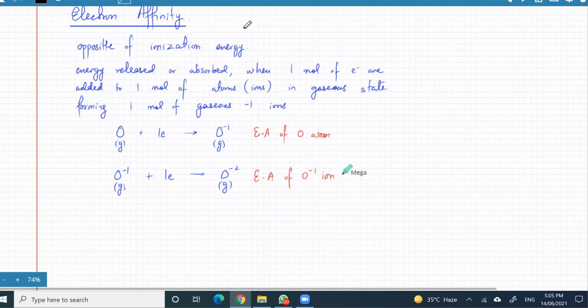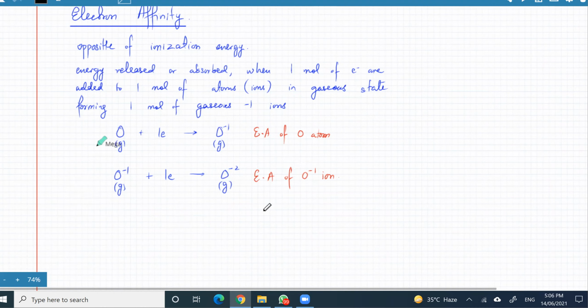Now, electron affinities are usually only discussed for atoms that gain electrons. You're not going to talk about the electron affinity of the sodium atom because it never actually gains electrons. So we're going to talk about electron affinities of non-metals that tend to gain electrons, and we're not going to talk about the electron affinity of the oxygen -2 ion because oxygen usually just gains 2 electrons.